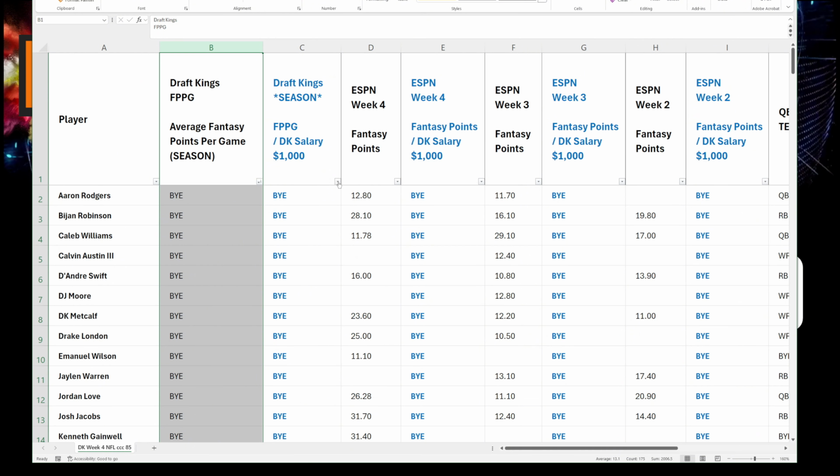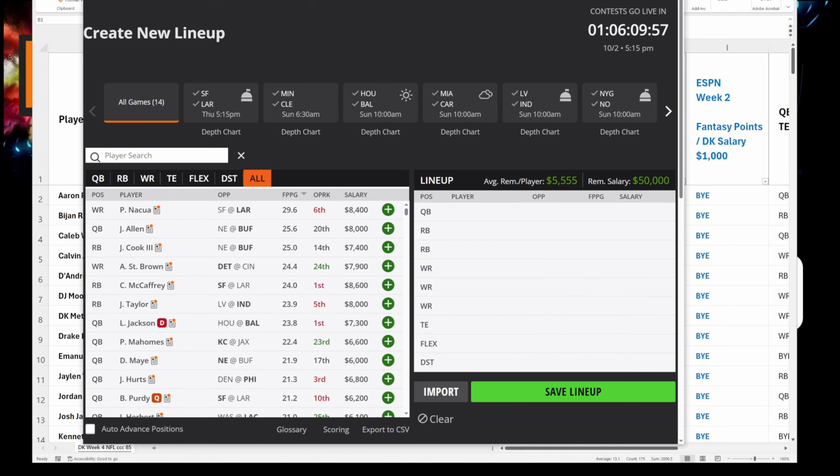So the reason why the ratio is important is because on DraftKings, you have a salary cap of $50,000. So you have to look at two things. It's the total fantasy point production, but specifically, you want to see the fantasy point production as a ratio of the salary.